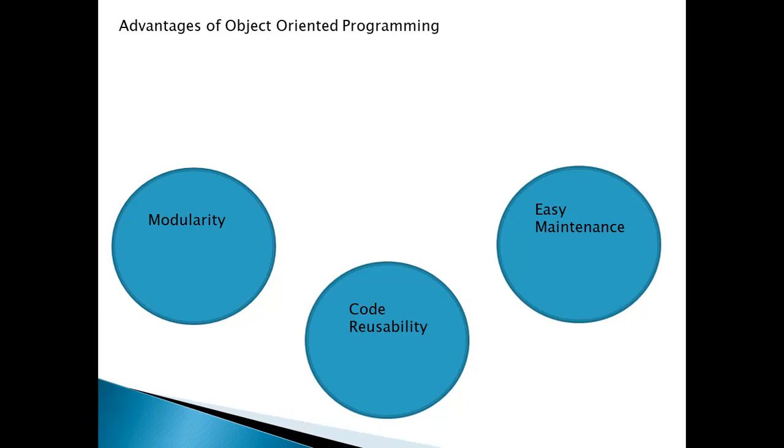Code reusability: in OOP, you can use the existing code to save time and effort, and also changes and updates in the code can be made more easily. So maintenance is very easy in this. So these are some advantages of object-oriented programming.